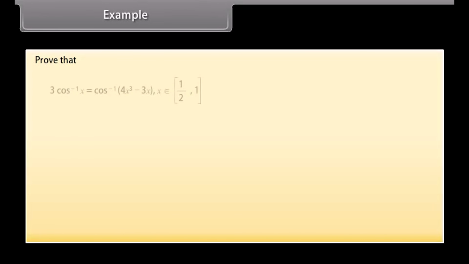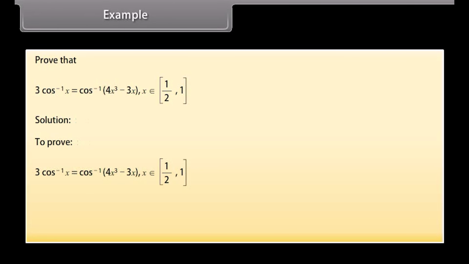Example. Prove that 3 cos inverse x is equal to cos inverse of 4x cube minus 3x, where x belongs to 1 by 2, 1. Solution. To prove 3 cos inverse x is equal to cos inverse of 4x cube minus 3x, x belongs to 1 by 2, 1. Let x be equal to cos theta, then cos inverse x is equal to theta.